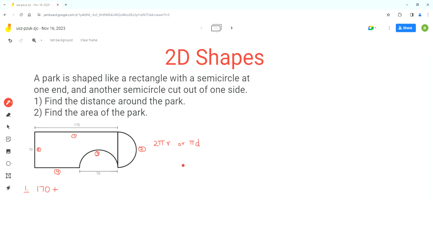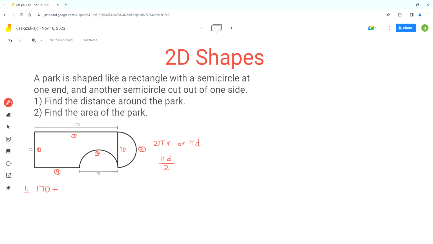Now in this problem, we are given the diameter of this semicircle, which is the width of the rectangle, 70 units. Since the distance around the full circle is pi d, the distance around the semicircle will be pi d over 2.